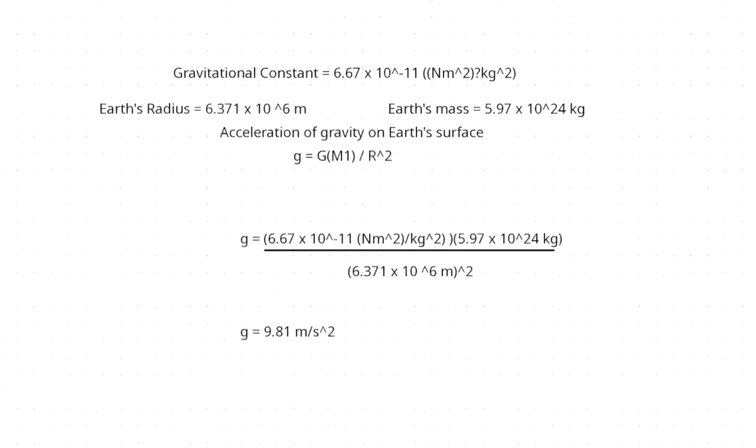All right. So let's go on to the next one. First, we'll do Earth, and then we'll see what it is going to be on the moon. So here I put in our constant. The gravitational constant value is 6.67 times 10 to the negative 11 Newton meters squared per kilogram squared.